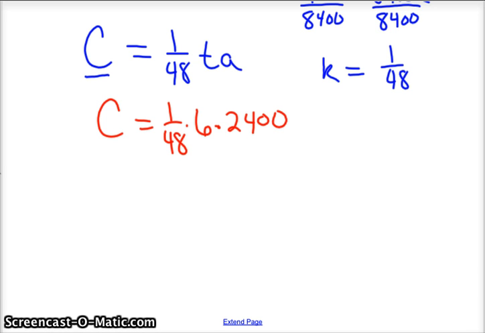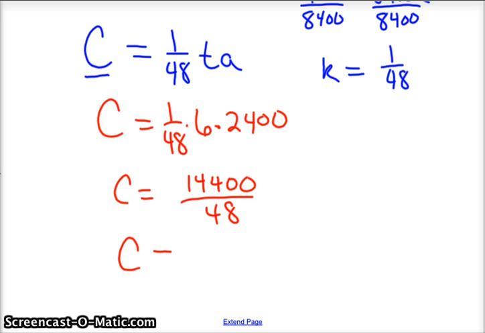And now you can just multiply those out. So 6 times 2,400 is 14,400, divided by 48. And that's 300. So we know it costs $300 to insulate that.